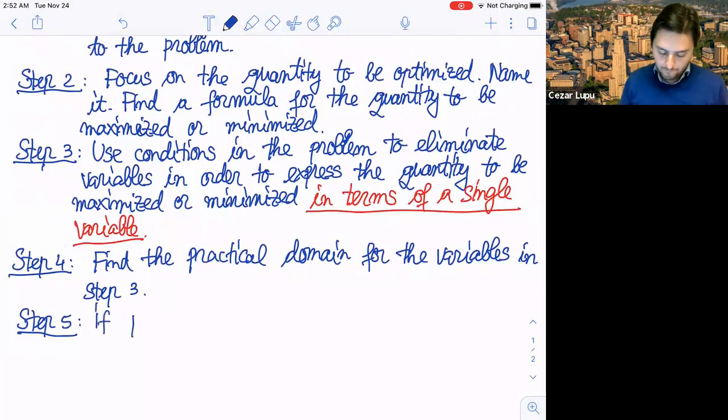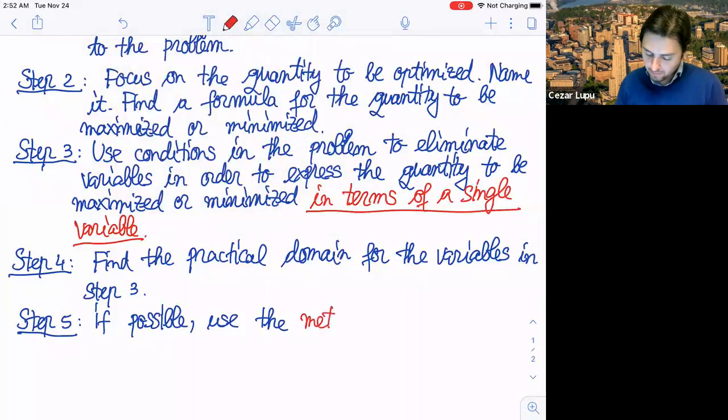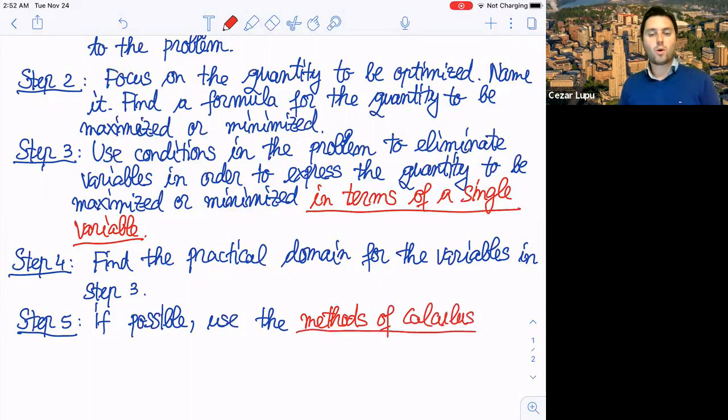if possible, use the methods of calculus. When I say the methods of calculus, I mean qualitative properties of the derivative, and you will see in examples.